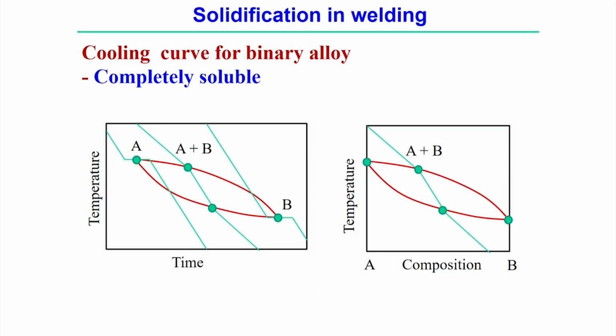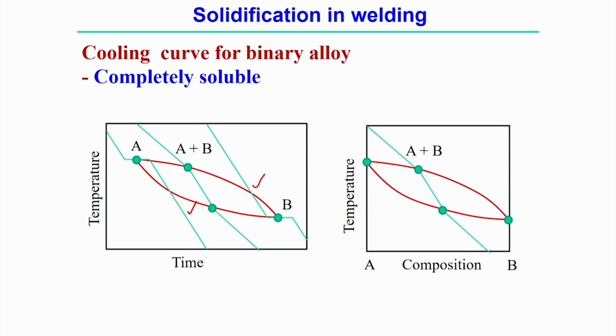If we plot temperature versus time, we can draw these two curves. The first curve, the convex part, is basically the liquidus temperature, and the concave part is basically the solidus temperature. Within this, there is a change of phase, starting from the liquid phase and then coming to the solid phase.